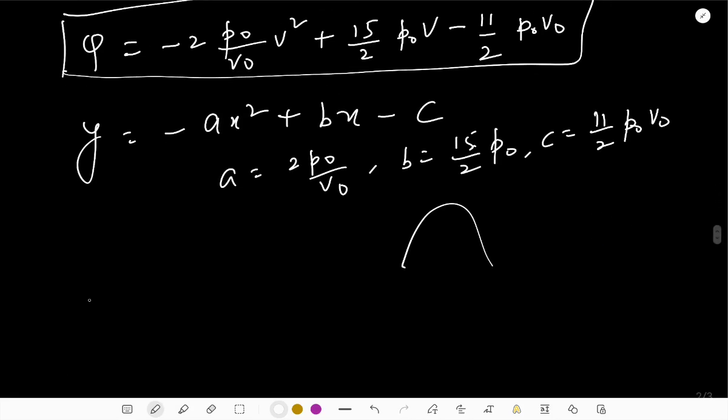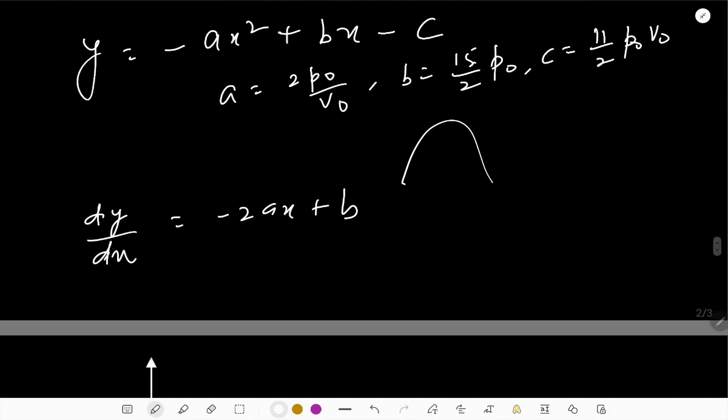So I can do one thing. I will differentiate it, find dy by dx, and that's going to be minus 2 a x plus b. And then I can put dy by dx equal to 0, and that gives x equals b upon 2a.